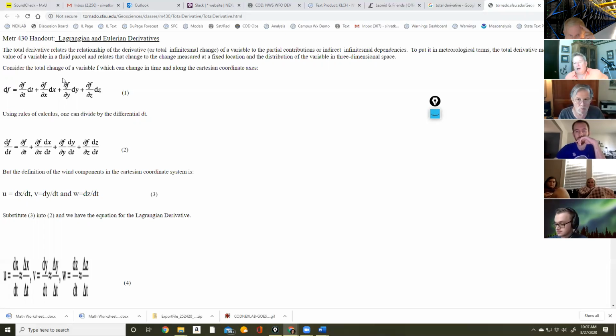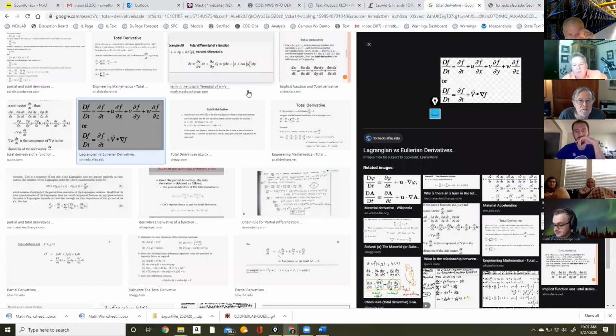And that's why when you look at all this other stuff on total derivatives, it's like, what the hell? It's so confusing. Look at the way they've defined things here. It's just brutal, in my opinion. Hopefully, my way is a little bit better. I hope.